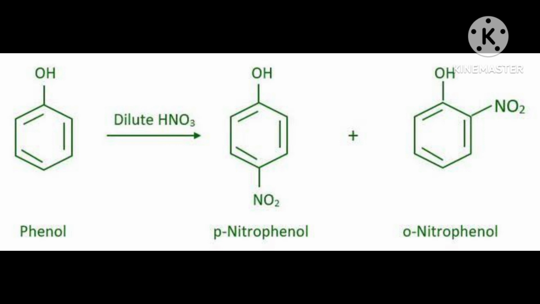In the presence of PCC, pyridinium chlorochromate, this OH will convert to CHO. The hydroxyl group will convert into an aldehyde group. Then we will get the product CH3, CH double bond CH, and in the end CHO. Correct?